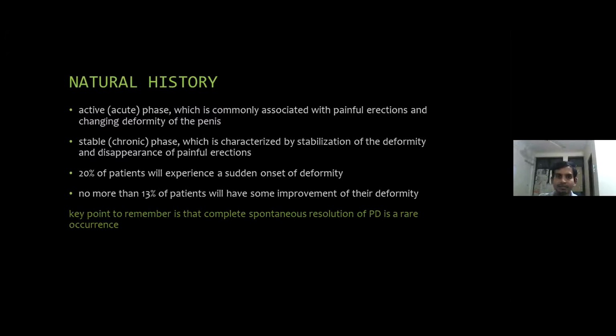But in the chronic phase, the deformity is stabilized and the pain will disappear. In this disease, there is less chance of spontaneous resolution. About 13% of patients can have improvement in their deformity, but the majority have a persistent deformity.